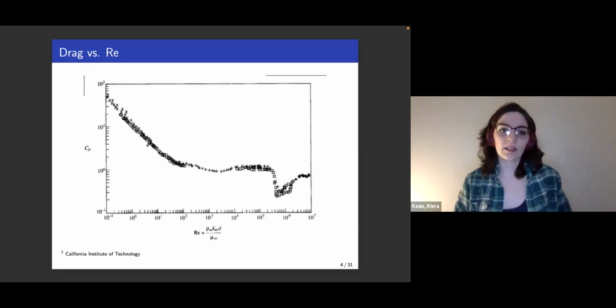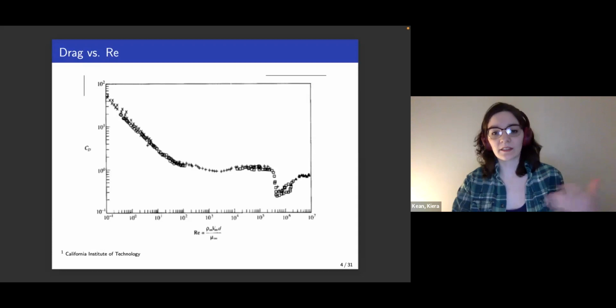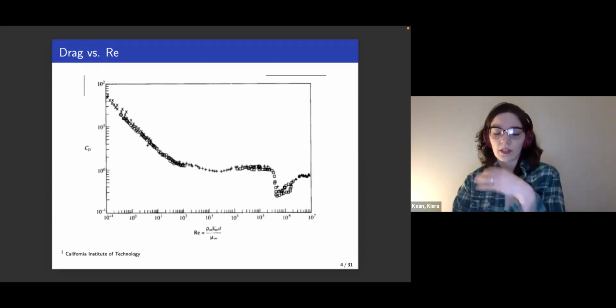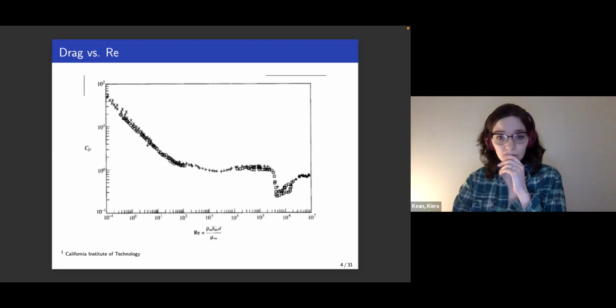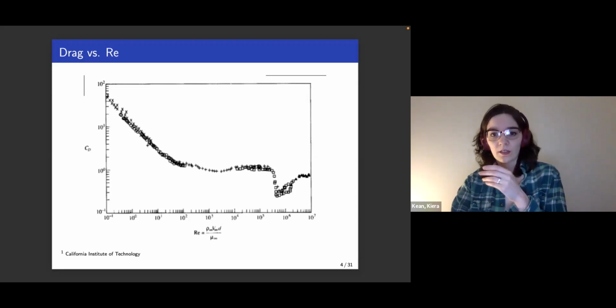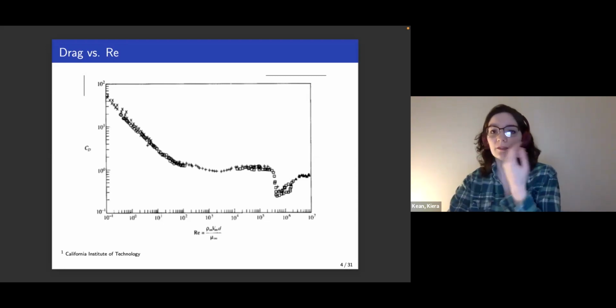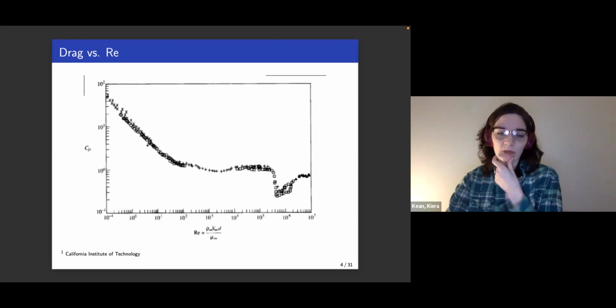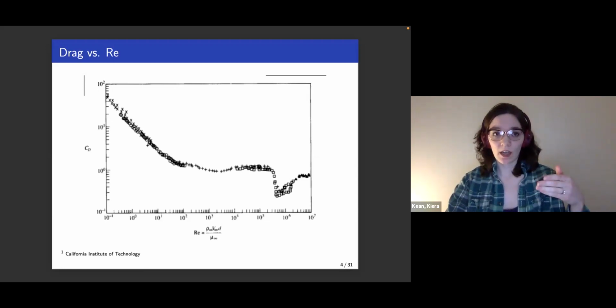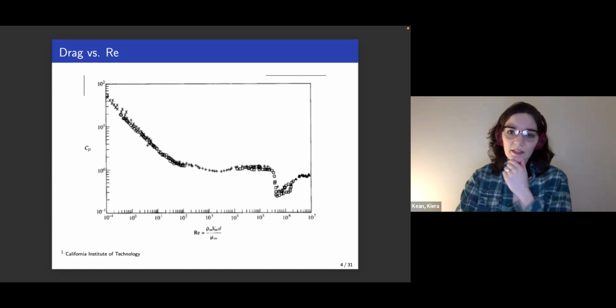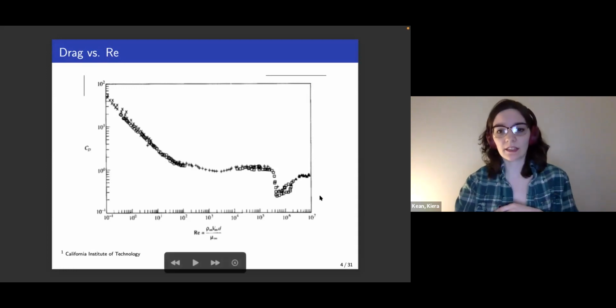And we see that as the Reynolds number increases, we approach a constant, which is what we would expect. But with over dissipation, the drag would increase as the Reynolds number increases. And again, this is not physically accurate.